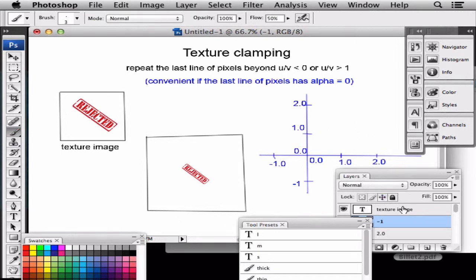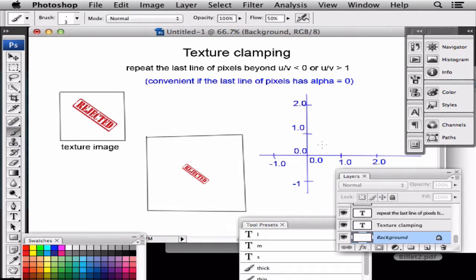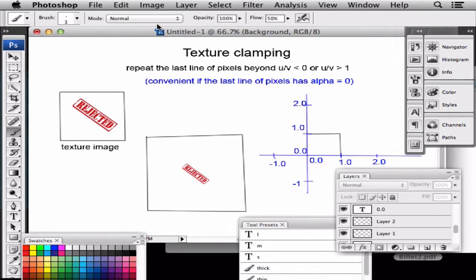And as we always do, we have a UV coordinate system. We draw the texture image in UV space. It can always be drawn there.